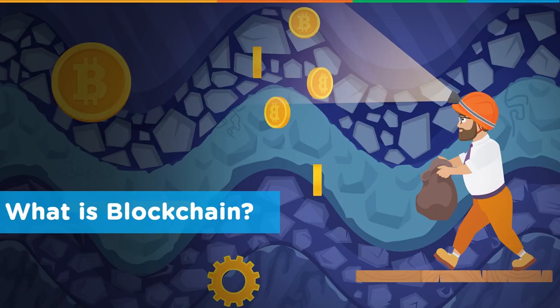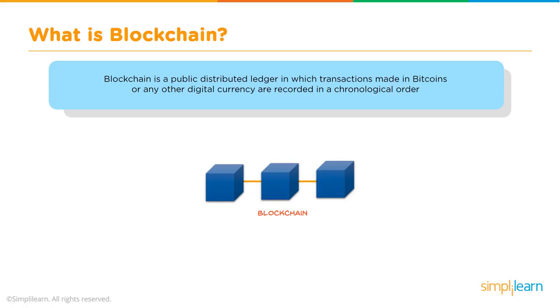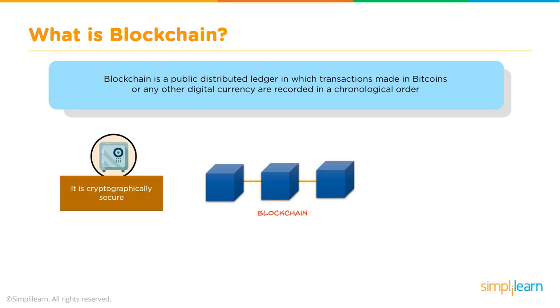Now, what is blockchain? Bitcoin runs on the underlying technology of blockchain. Blockchain is a public distributed ledger in which transactions made in Bitcoins or any other digital currency are recorded in chronological order. Let's see certain features. It is cryptographically secure, signed using your private key and then shared on the network with the public key.